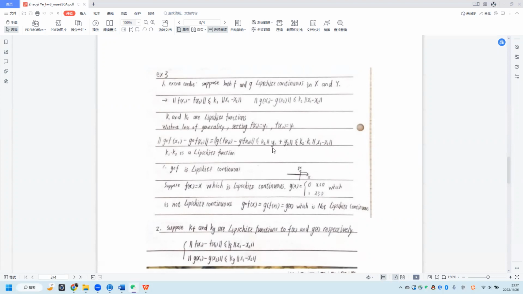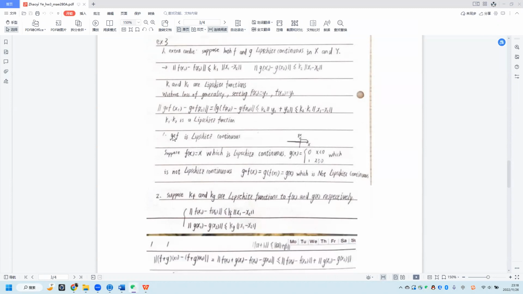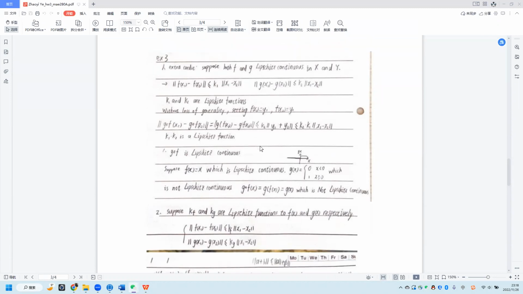By replacing f(x1) and f(x2) here, the whole expression is k2 multiplied by k1 multiplied by the norm of x1 minus x2, where k1, k2 are the Lipschitz constants. So g circle f is Lipschitz continuous.